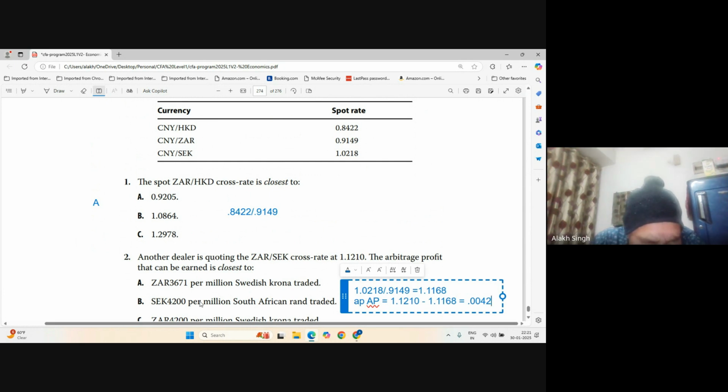Or per million, so if you multiply this by 1 million, it should be B or C.